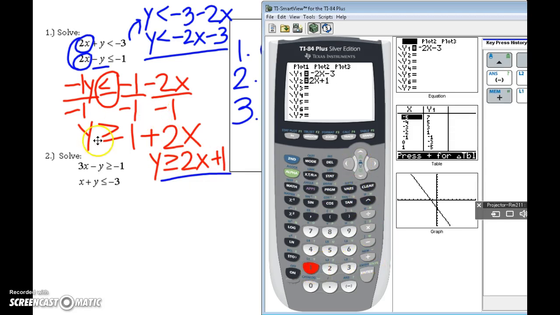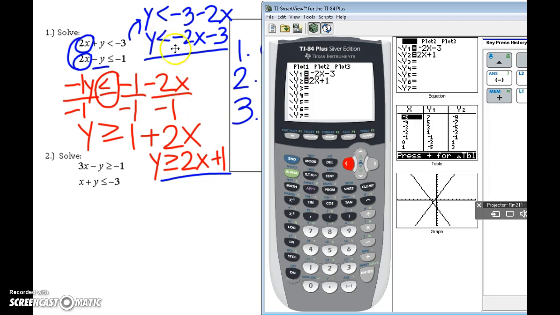The only difference is if I want to have an inequality, I can go over to this area over here on both of them, bring it all the way over so that it's blinking, and I can push enter and I can change from a line to be shaded.